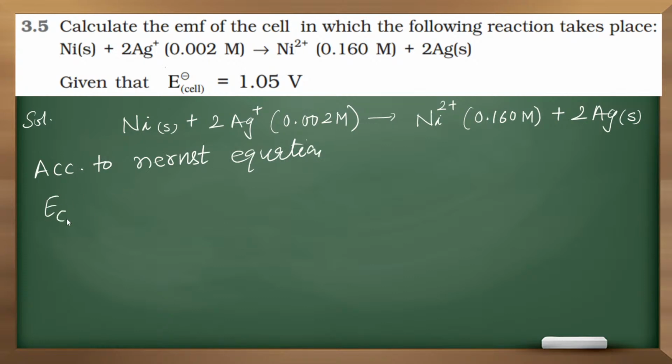E cell is equal to E naught cell minus 0.059 over n. So what is the value of n here? Can you tell me? Yes, beta. What is the value of n in this particular reaction?